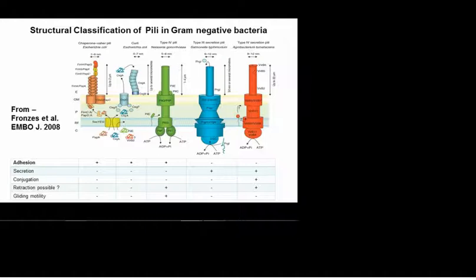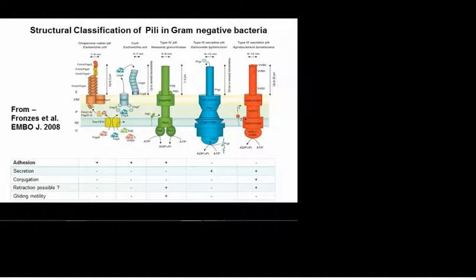And this is controlled by a complex that's in the plasma membrane. Requires the hydrolysis of ATP, and it can be reversed. Okay, so the polymerization, you can add subunits to the base, and then this filament will extrude from the cell, and you can take away subunits from the base, and then the filament will be retracted.